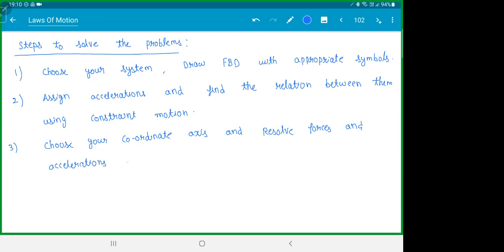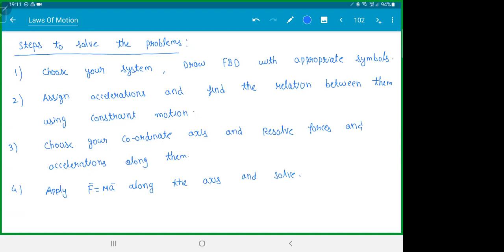Stick to the basics. Step 4, apply F equals ma along the axes and solve. Check it out. This is the framework that we'll follow for every problem.